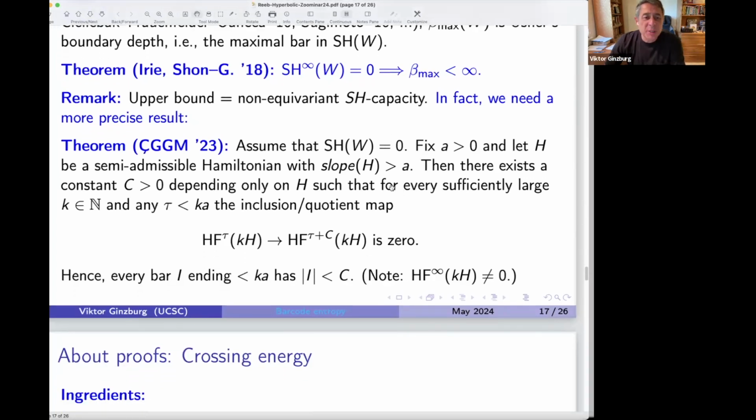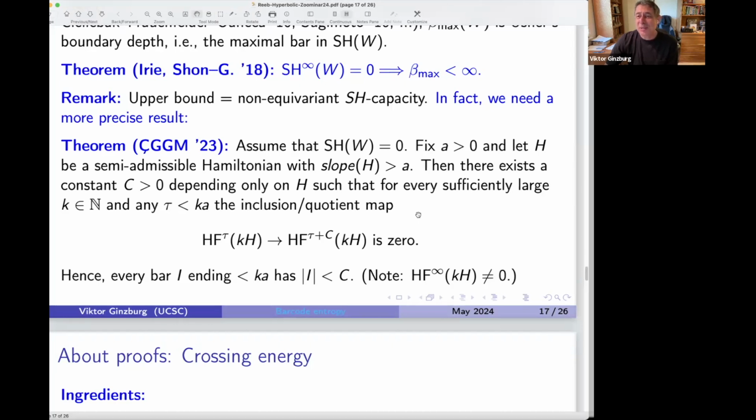All right, we need a variant of this theorem for specific Hamiltonians, for admissible Hamiltonians, rather than the symplectic homology. It's slightly more awkward to say because the global Floer homology of an admissible Hamiltonian is non-zero. So there are actually infinite bars. But if I stick to the range of, let's go through it.